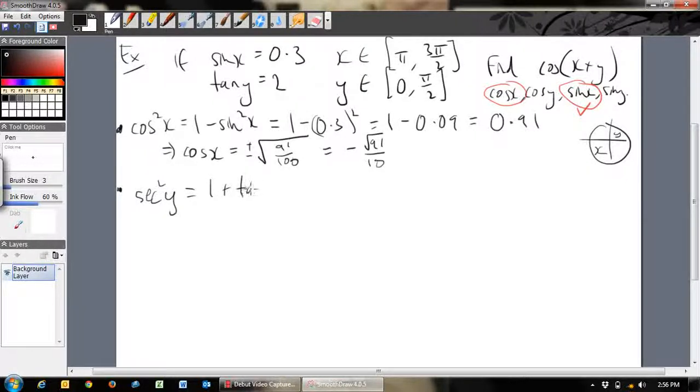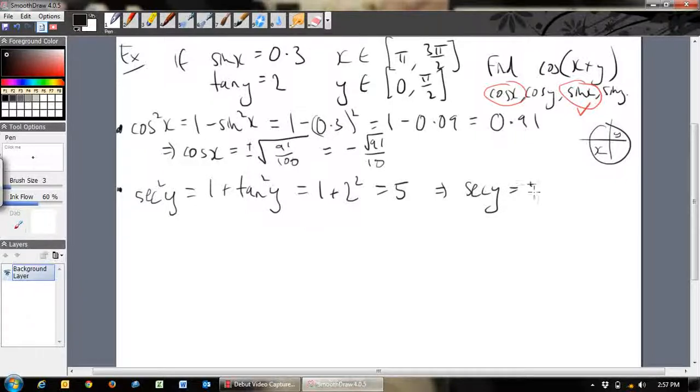Sec squared y equals 1 plus tan squared y, where tan y is 2, so 1 plus 2 squared equals 5. So sec squared y is equal to 5.